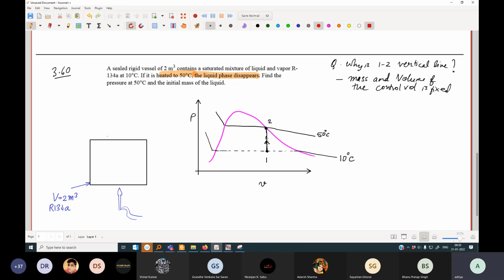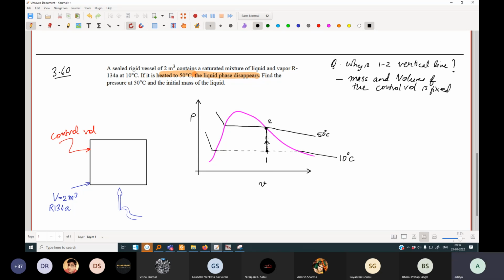The control volume is simply going to be this particular thing. Because no mass is going to leave and the volume is not going to change, the process on the PV diagram will be a vertical straight line.